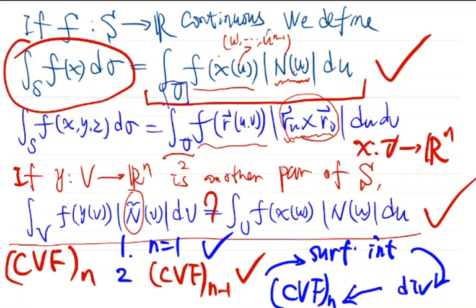Then if it is true for n-1, we will conclude that the n-dimensional change of variable formula is also true. Therefore, by mathematical induction, the change of variable formula is true in all dimensions. This is our idea to prove the change of variable formula. And in this procedure, we also establish the theory of surface integral over higher dimensional surfaces, and prove the divergence theorem.